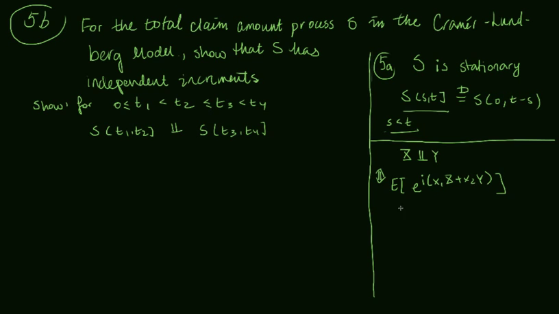So this is the characteristic function of the joint distribution of X and Y, and we want to show that this is equal to the product of the characteristic function of X and the characteristic function of Y. This is what we're going to show.